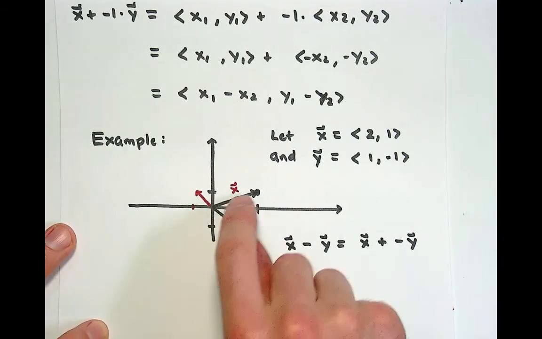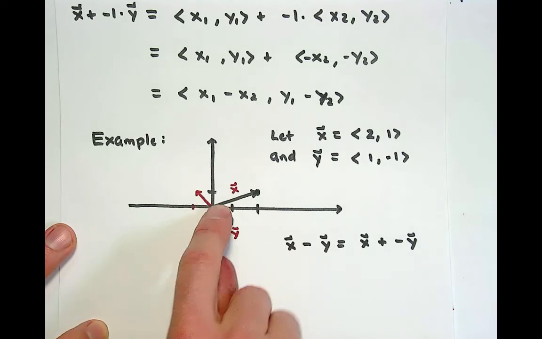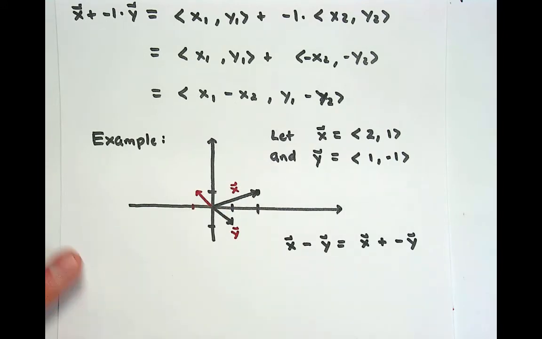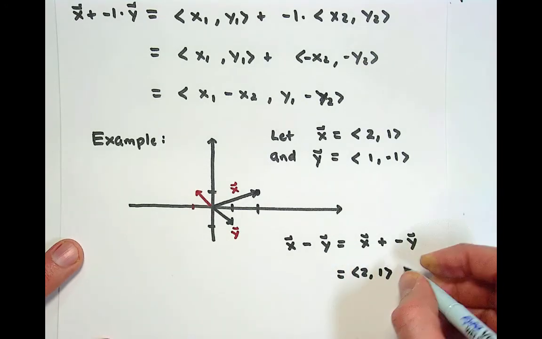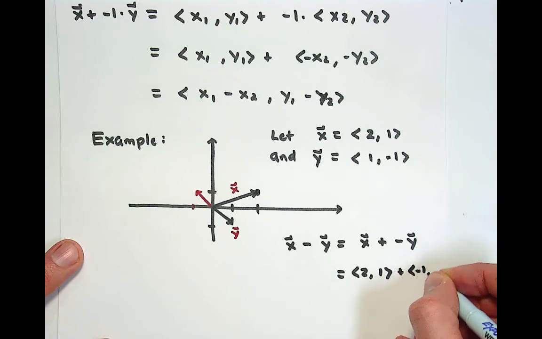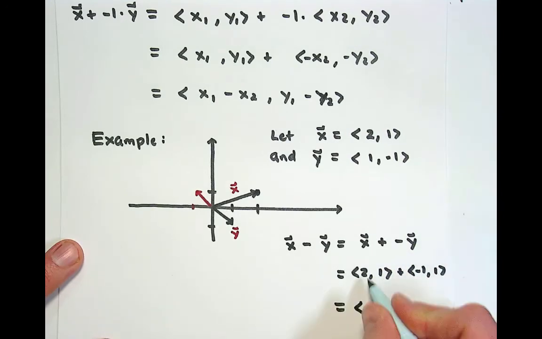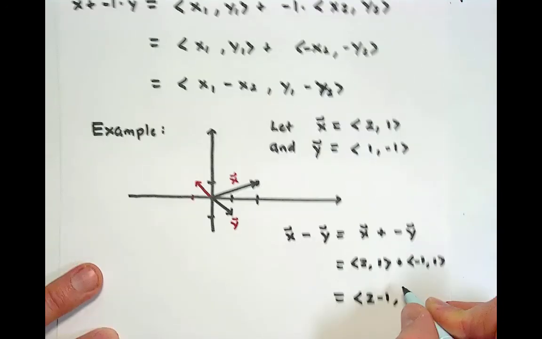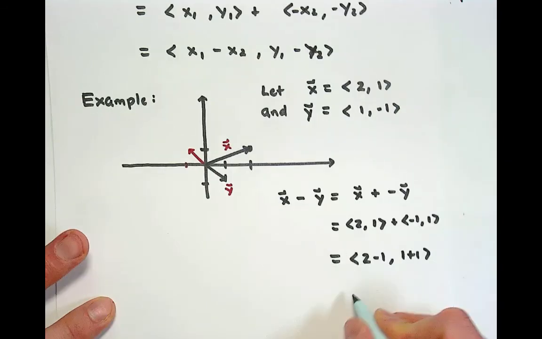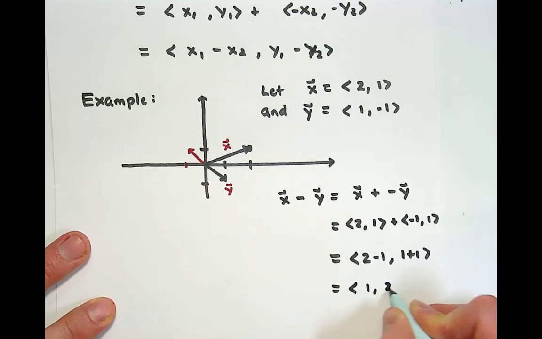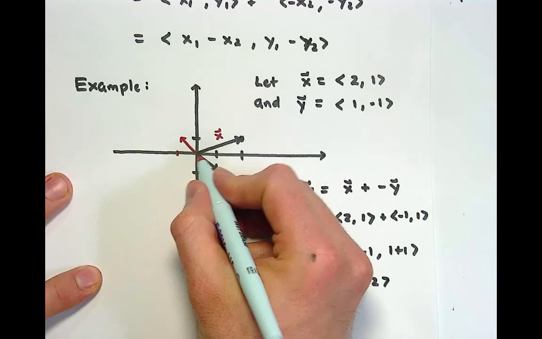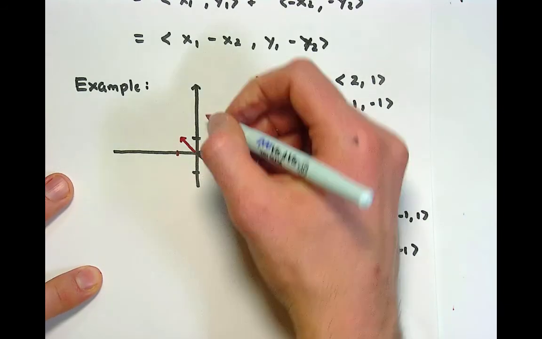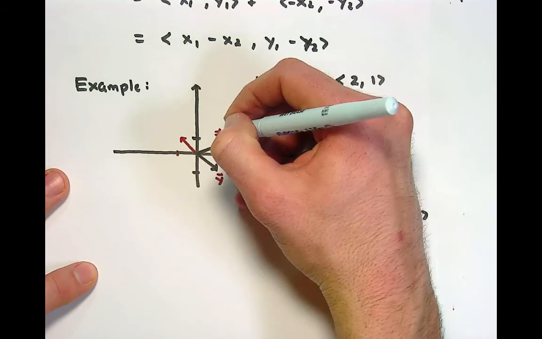So then when I take x minus y, I'm going to produce a third vector which is going to be (2 minus 1, 1 plus 1), so (1, 2). So I go 1 over and 2 up.